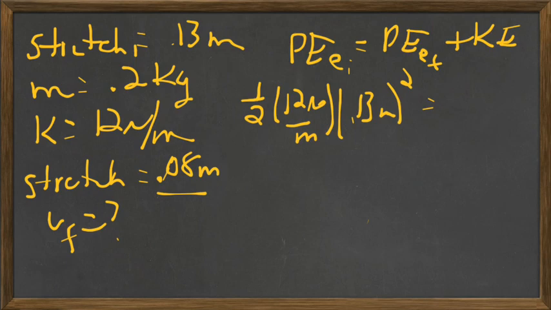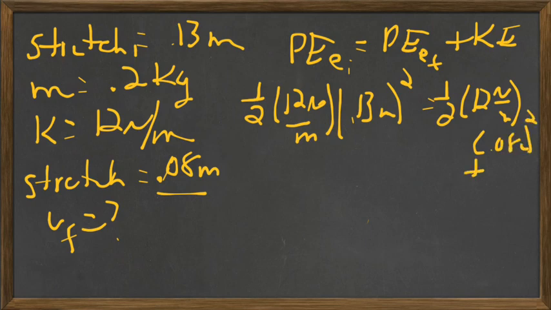Final elastic potential energy, 1/2, spring constant didn't change, and I'm going to put my 0.08 down here, squared, plus the kinetic energy of 1/2, 0.2 kilograms, and final velocity, don't have a clue, squared.